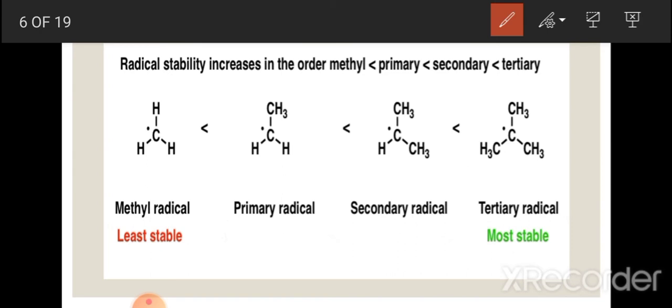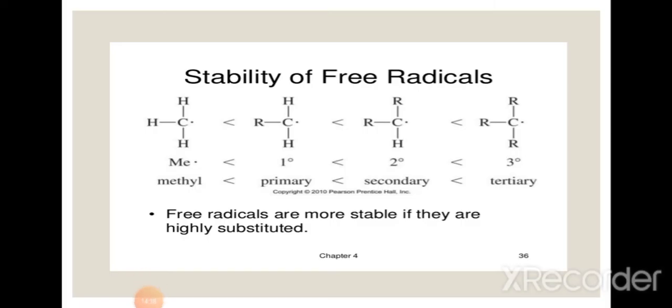When we study stability, which one is more reactive, which one is least reactive? After discussing the characteristics and classification of free radicals, let's see the stability of free radicals. Here on your screen you can see the methyl free radical, primary, secondary, and tertiary free radicals. Free radicals are more stable if they are highly substituted.